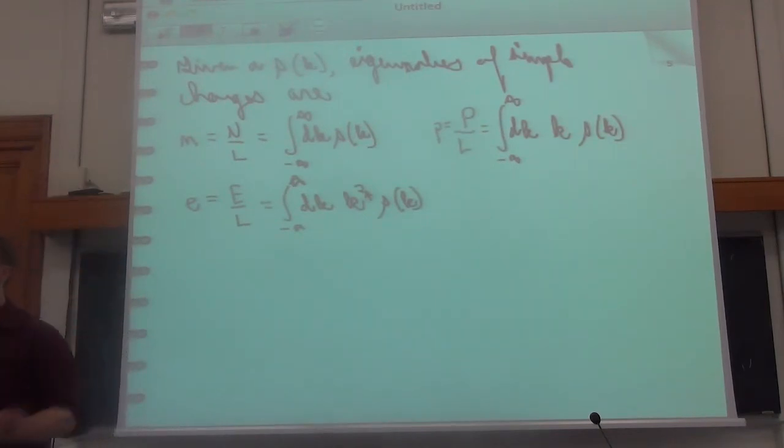This gives you an infinite set of conserved charges, and this turns out to be a complete set for the Lieb-Liniger model. But they're just slightly annoying charges, so leave that to private discussion. Number, momentum, energy are just the first 3 of an infinite set of conserved charges of the Hamiltonian.